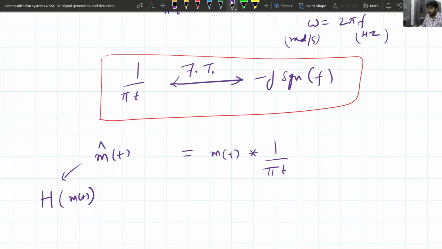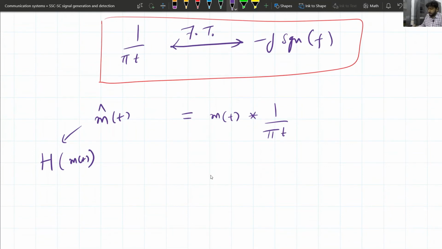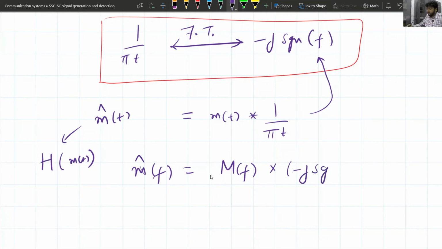If you want to represent it in the frequency domain, we can write M hat f will be given by M f times... In the frequency domain, the convolution in time domain becomes multiplication in frequency domain. 1 by pi t will be written as minus j times sgn of f.